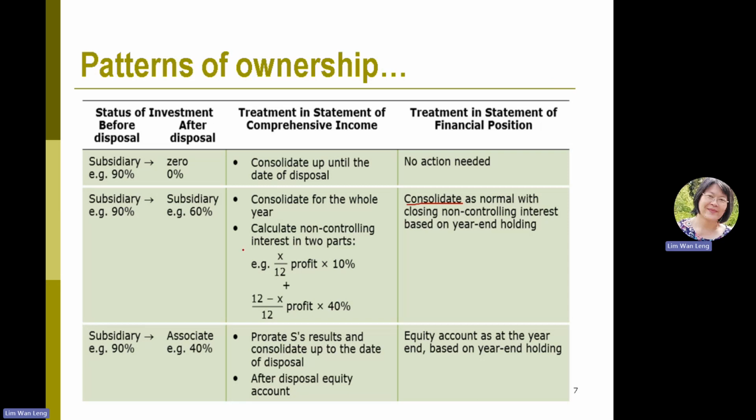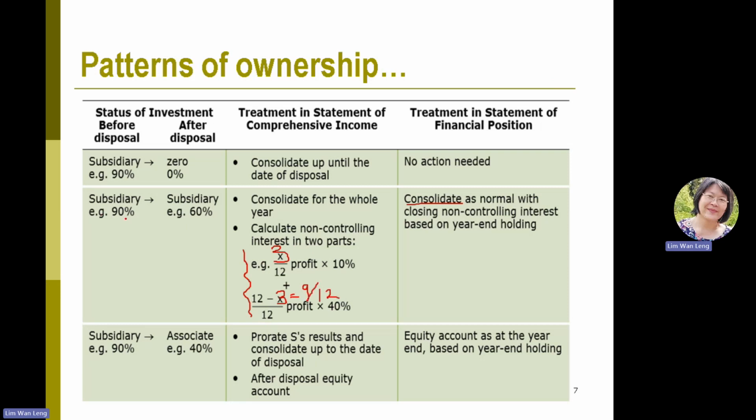The only thing is that when you want to calculate the profits attributable to the NCI at the consolidated SOPL, you have to pro rata in accordance to the status. Let's say the first 3 months, then the last 9 months, 9 out of 12. What is your status?